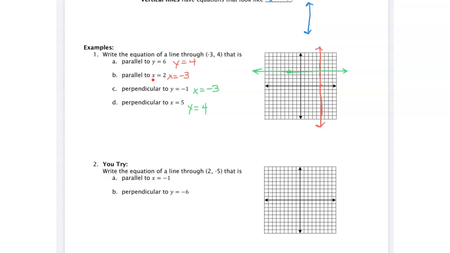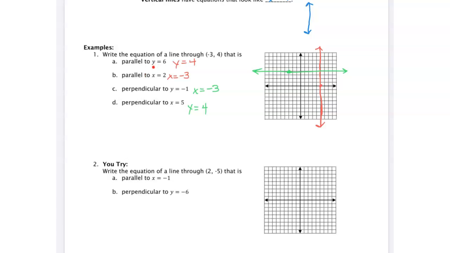It was parallel to x = 2 for our second one, and so the second equation will also start off with x =, and then you'll simply identify the x coordinate from your point, which is -3. So x = -3 was our answer for part B. So parallel is very, very straightforward.